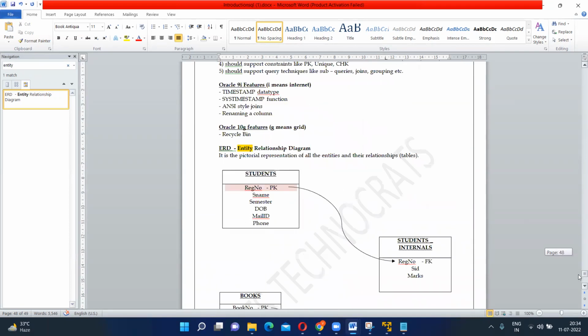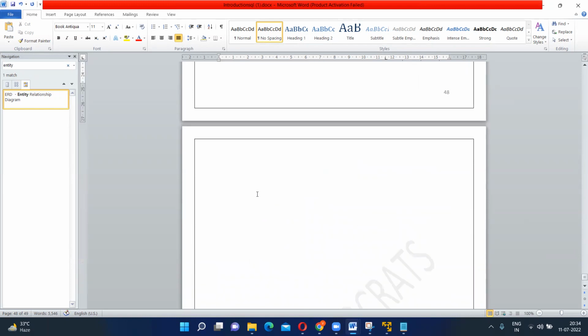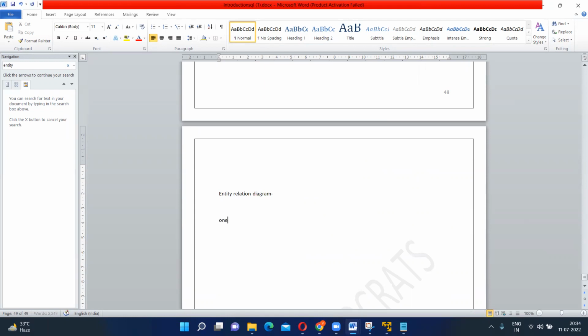I'll tell you. An entity relationship diagram shows how the tables are joined. It is possible that one table can be joined to one table. That is called a one-to-one relationship. That means one table is joined to one particular table.